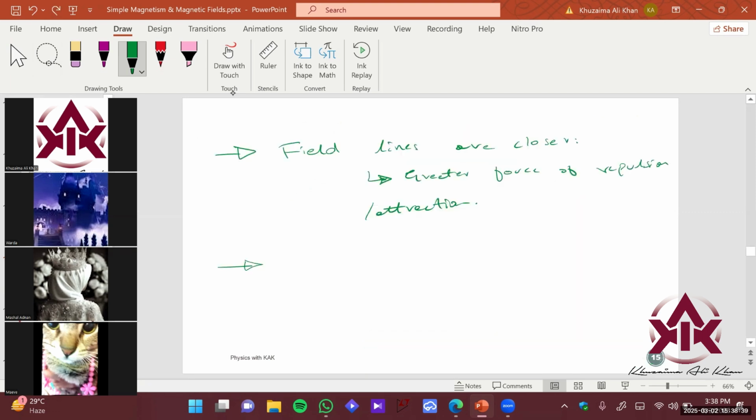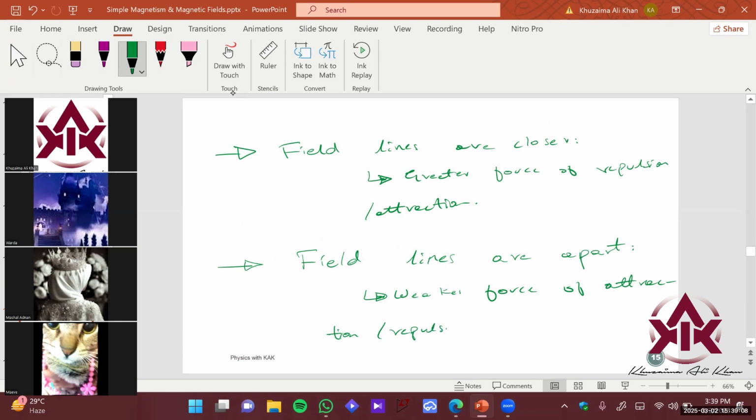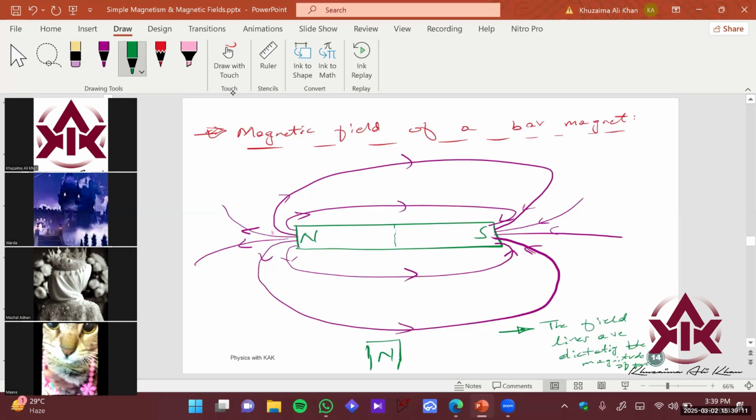So this is a summary: if you have a magnet placed in a region where field lines are apart from each other, you will have a weaker force of attraction or repulsion. This is what you should know just by seeing the field lines.